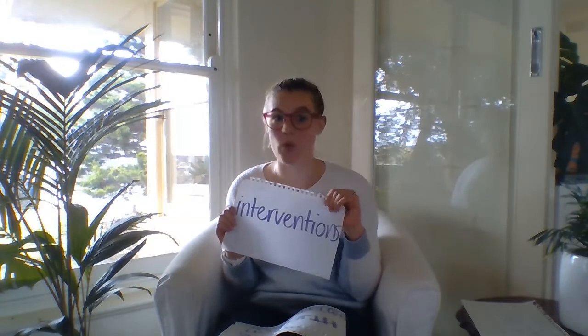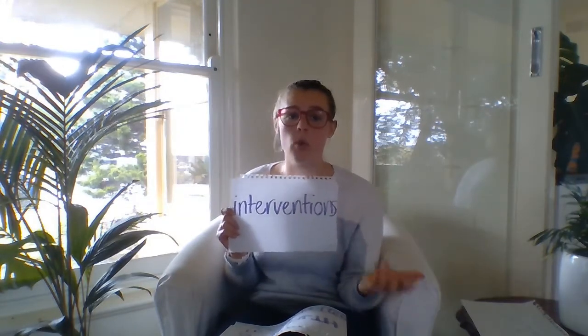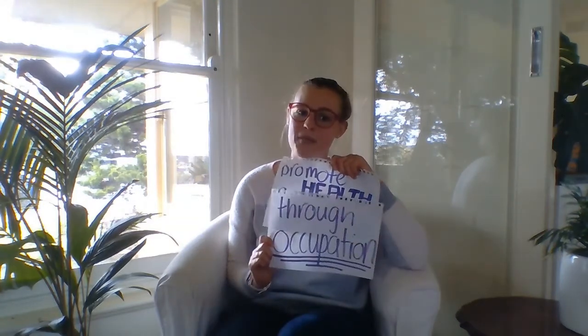Then, through a process of evaluation, an OT will gather heaps of information about how and why the client engages with the occupation, which will then help them develop interventions, whether they are changing the environment or the equipment or the process, all in all working towards achieving the goal. Ultimately, though, the role of an occupational therapist is to promote health and well-being through occupation.